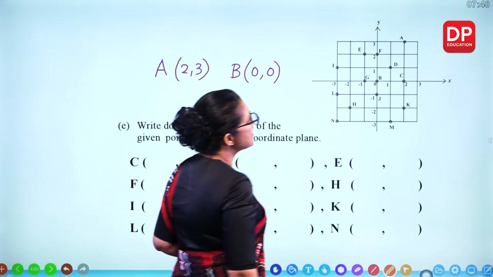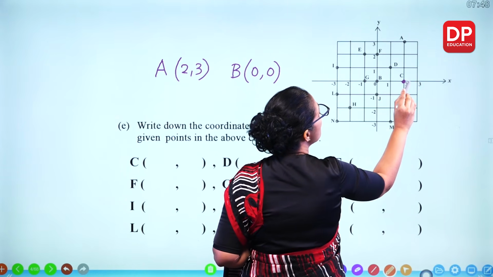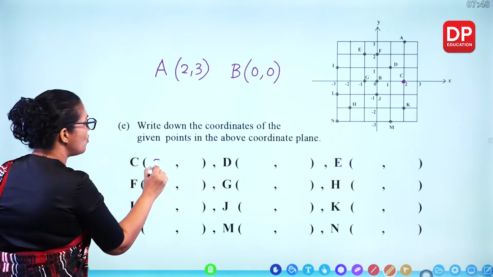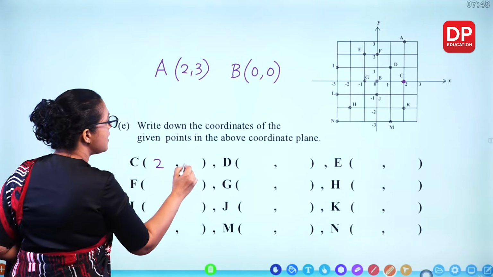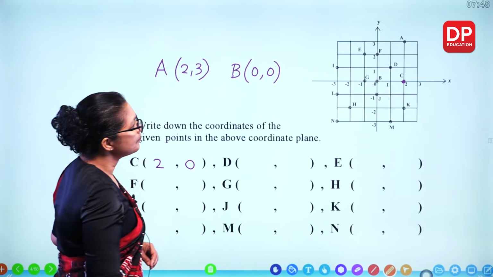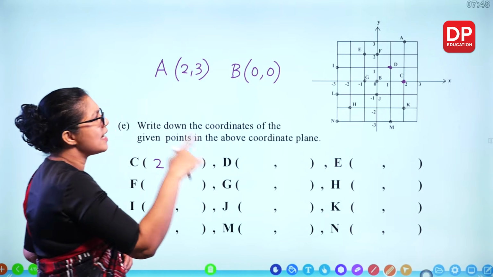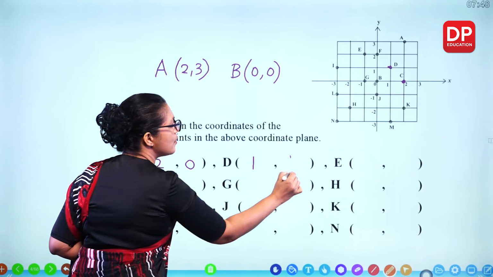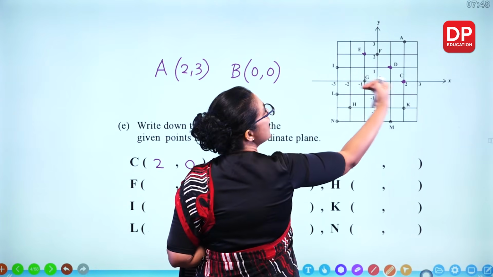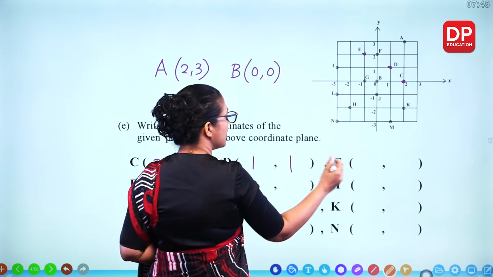C. Where's C? Here, on the x-axis, 2 squares to the right and not going up. So 2 is the x value and 0 is the y value. D: 1 square to the right and 1 square up, (1, 1). E: negative way, (-1, 2), 2 up.